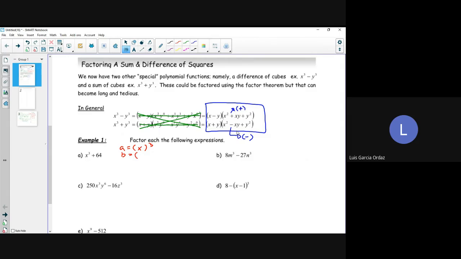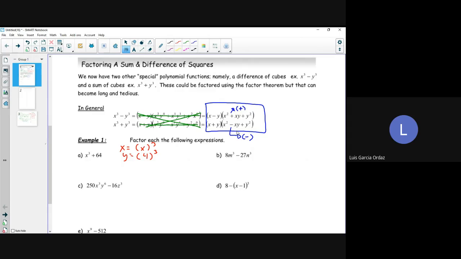What to the power of 3 gives us 64? 4 to the 3. So we have our x as x and our y as 4.